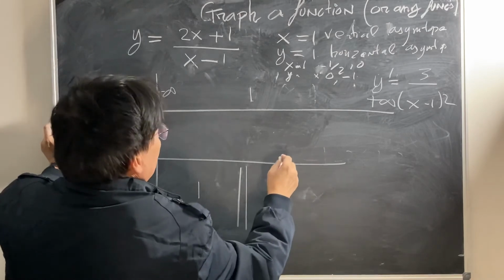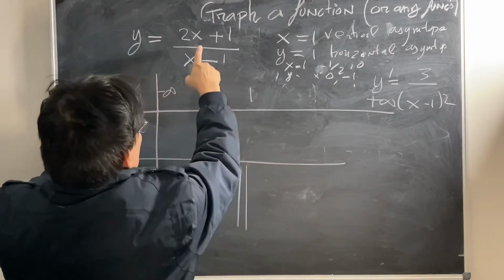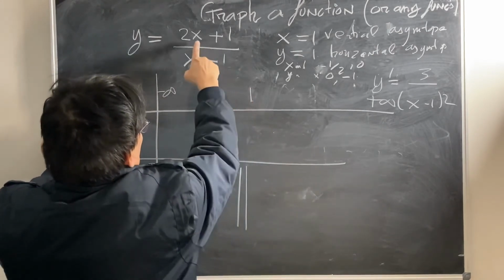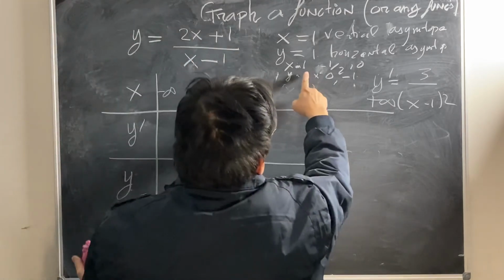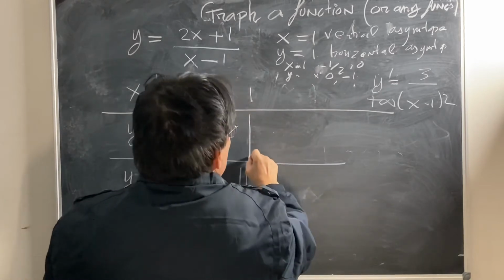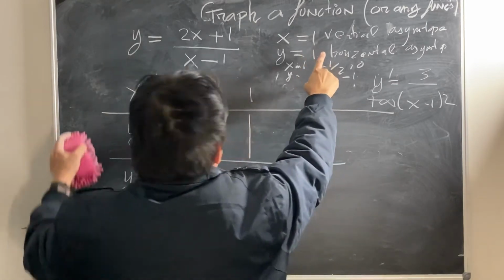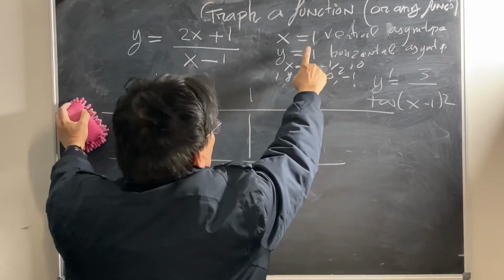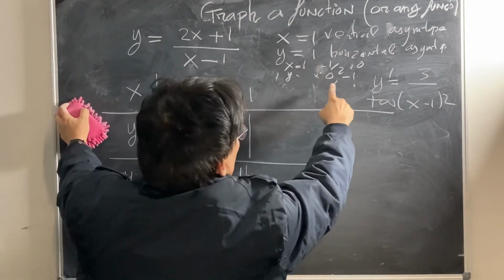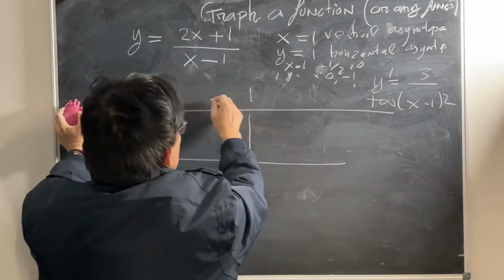Okay, and for this function, when x equals 0, y equals minus 1. And when y equals 0, x equals minus 1/2.